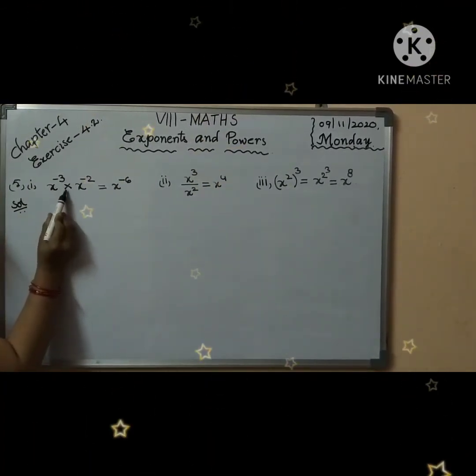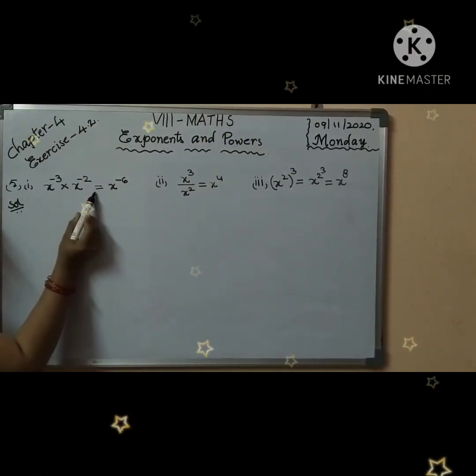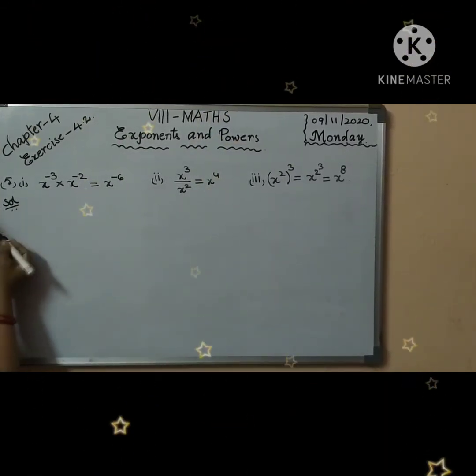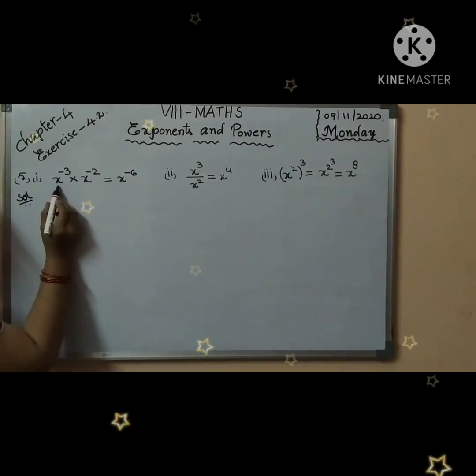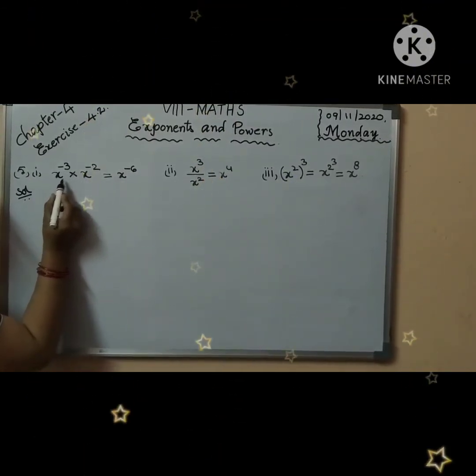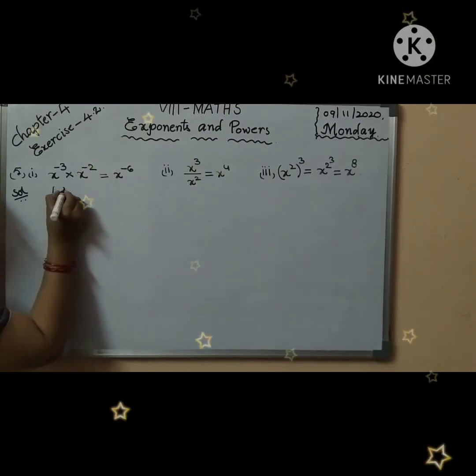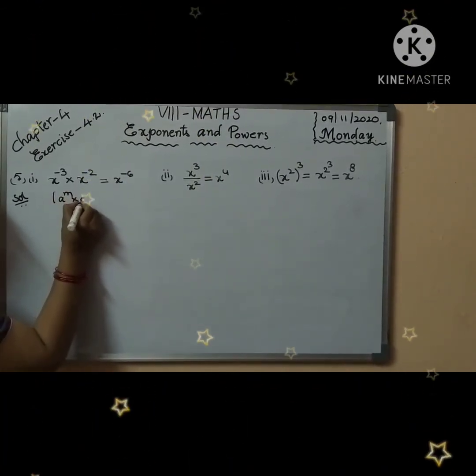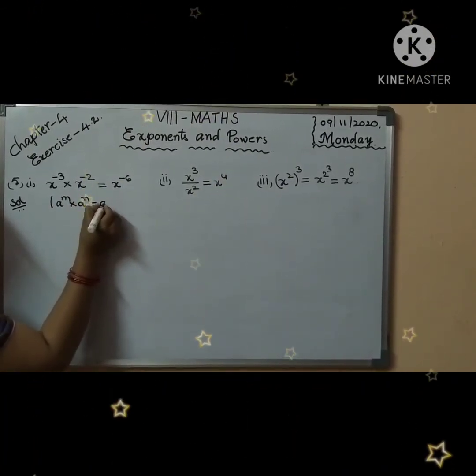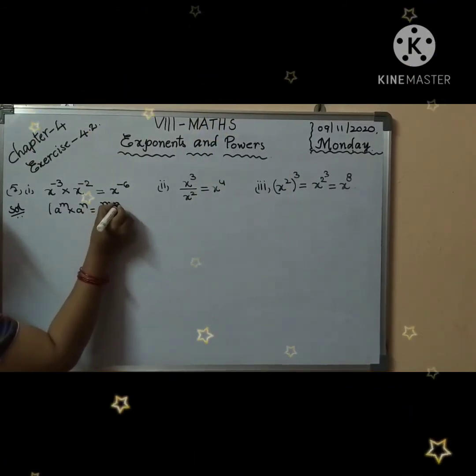What is the first question? x power minus 3 into x power minus 2 is equal to x power minus 6. Solution. What we observe is that the bases are the same, so the exponents are added. At the same time, the law of exponents: a power m into a power n equals a power m plus n.